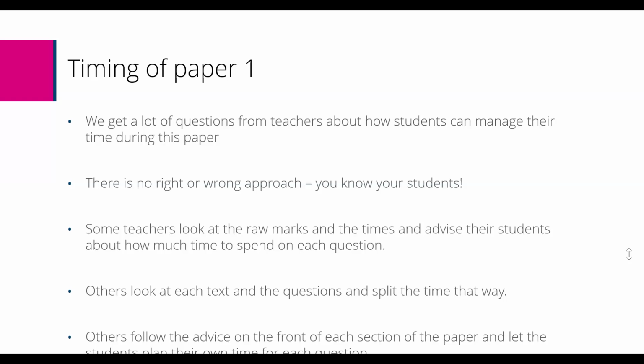Does anybody want to share how they encourage their students to divide their time? It's a demanding paper 1. Students answer 6 questions in total. Obviously, there's a choice of question 6 or question 7 for the transactional writing. How do you encourage your students to balance their time? As I said, there's no right or wrong answer, but it's useful to have some ideas here.